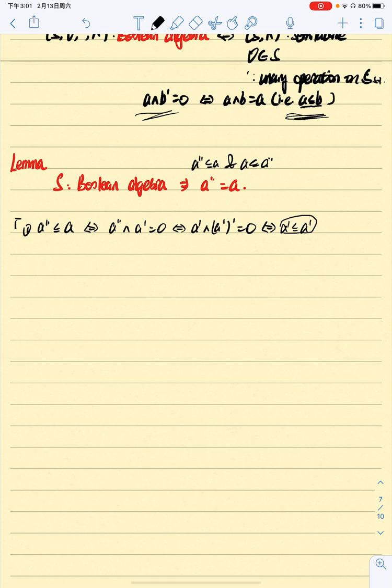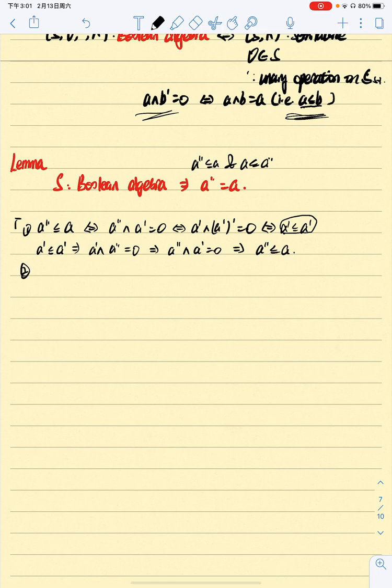Actually, A prime must be smaller than A prime, right? So we can get A double prime smaller than A. Let's write it very carefully. A prime smaller than A prime. So A prime and A prime prime, that is A double prime, is 0. So A prime and A double prime is 0, so A double prime smaller than A.